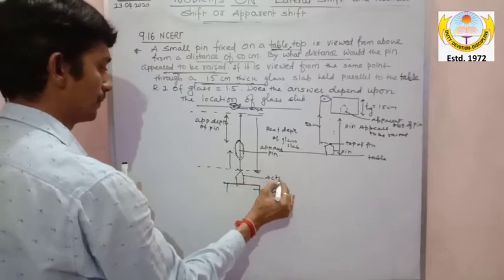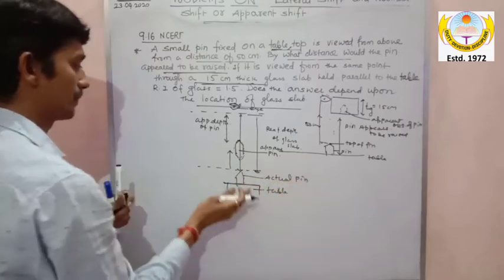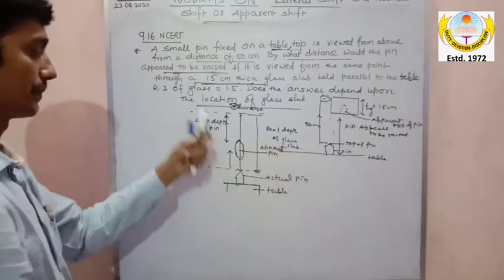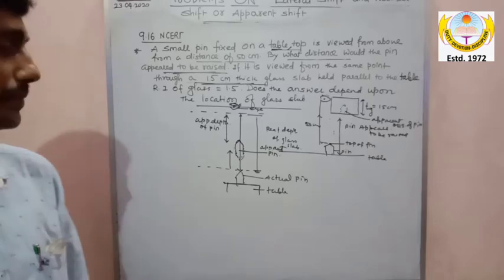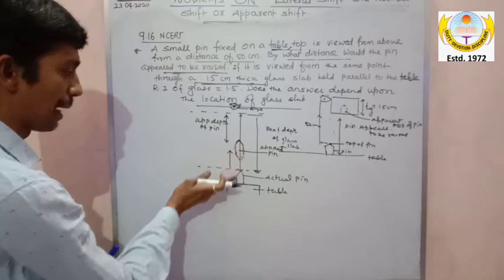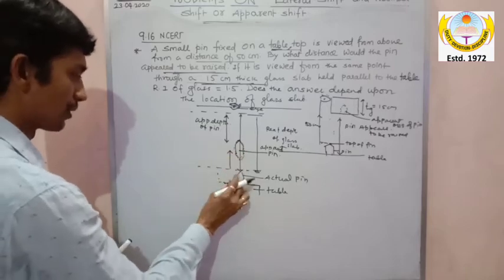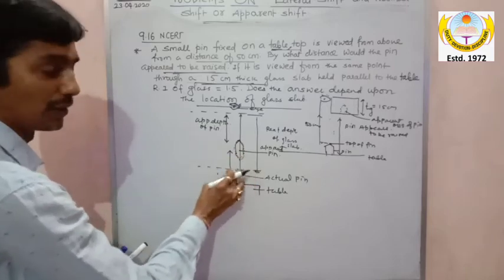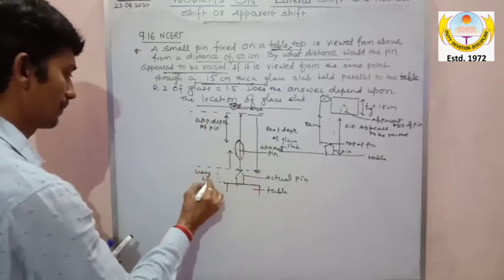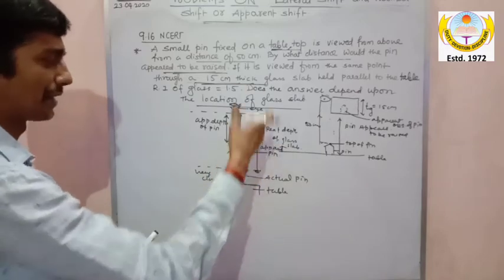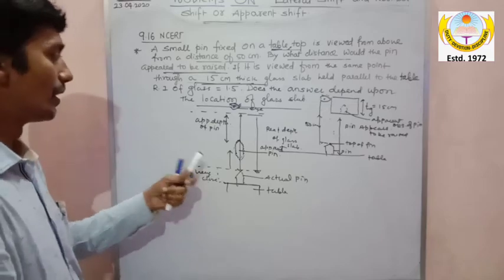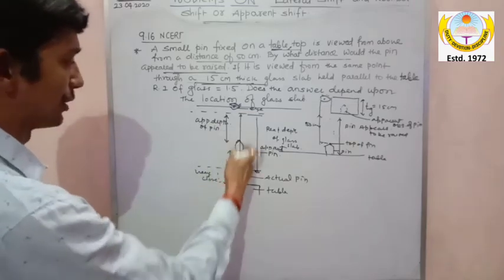This is your actual pin. This is your apparent pin. So by what distance it will appear raised, this is very close almost. It will come near the ground of the glass slab. They are very close. That 50 centimeter doesn't make a difference. 35 centimeter is not a big gap. Anyhow, this is the situation.